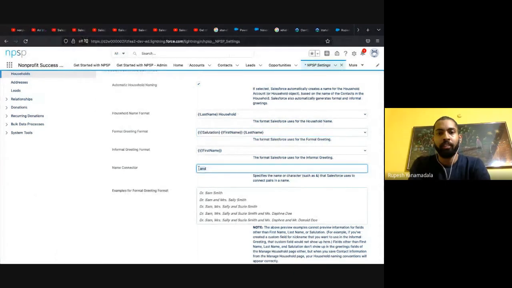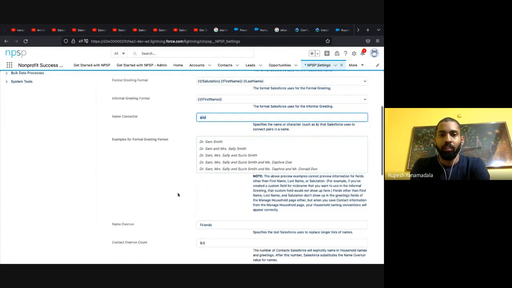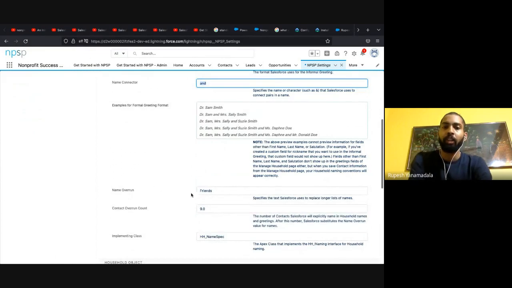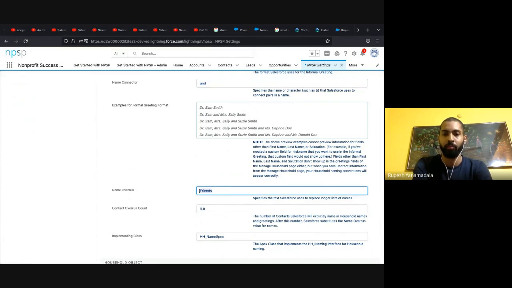So this name connector does the same functionality here. It is used to separate two different names or a set of names. And the name overrun is like Rupesh and friends, or Rupesh and family, or Rupesh and colleagues. We can use anything as the extension.